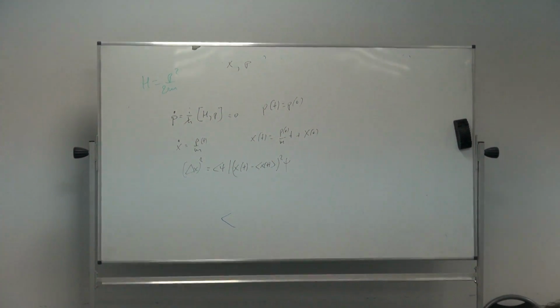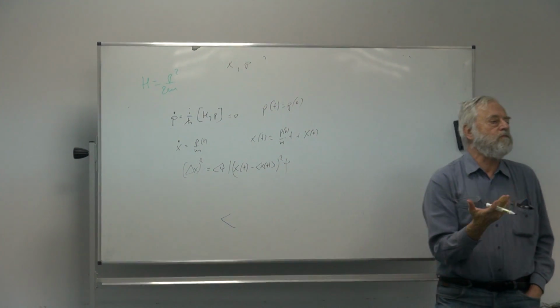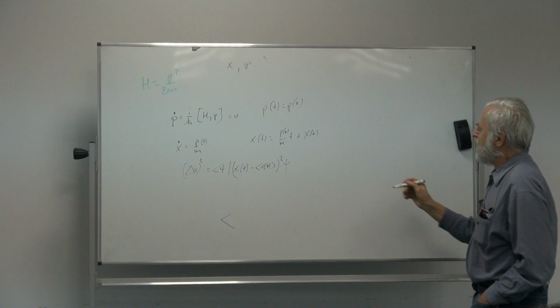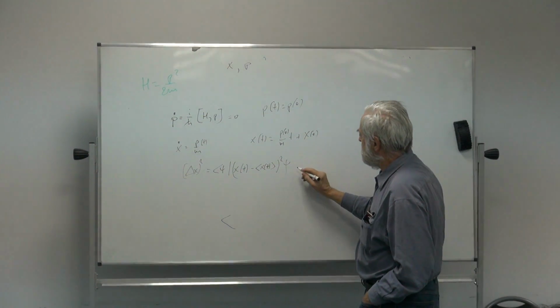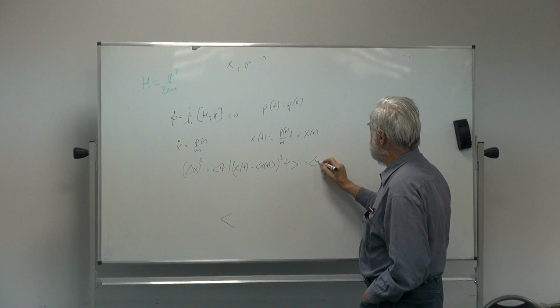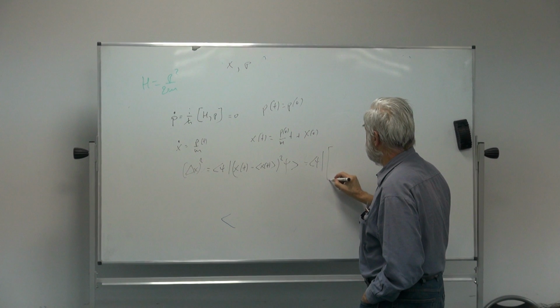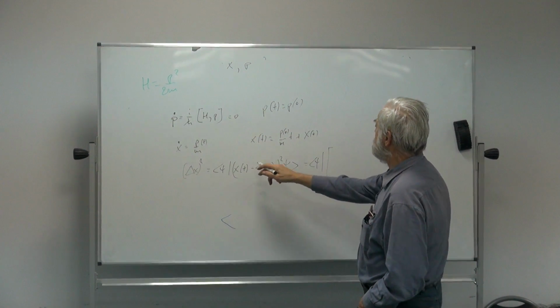What I do now, of course, is introduce my solutions here and here. And what do I get? Psi here, and then I will write everything absolutely explicitly.